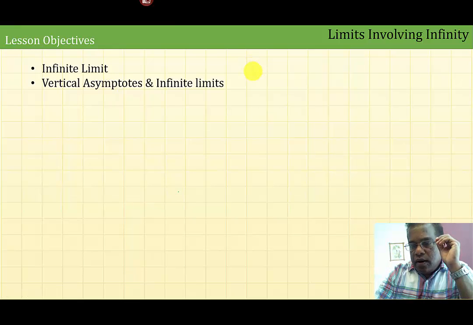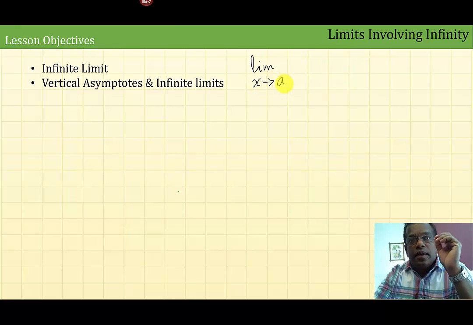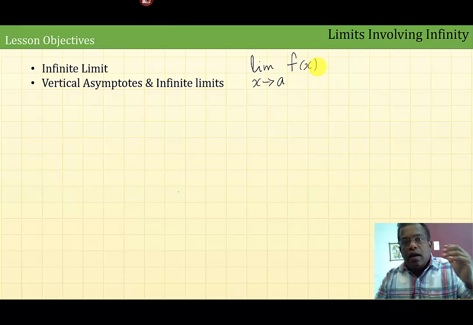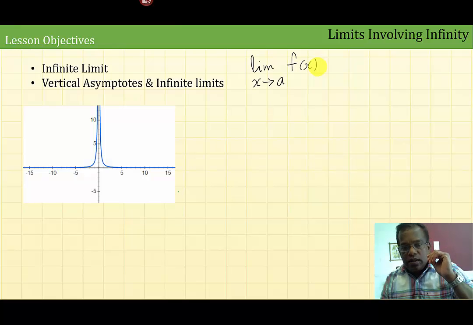Here we want to find the limit as x approaches a finite number a of f of x. It may be possible that as x approaches that point, the graph of f of x shoots up or shoots down without bound, so that we call it infinity or negative infinity. So we are going to talk about that situation here.